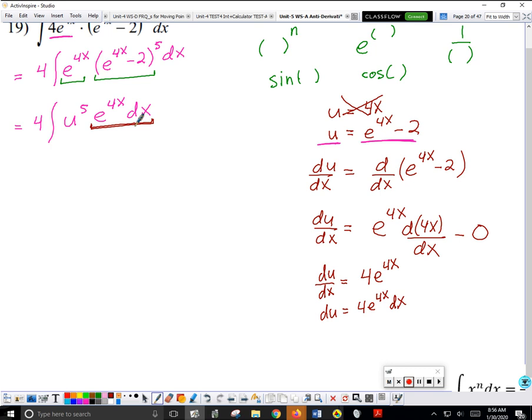Close. Like if I put the 4 back in, it would work. In general, I find that it's easier to leave the 4 there and simply divide both sides of this equation, actually multiply both sides of this equation by 1/4. So I get this. Like that.